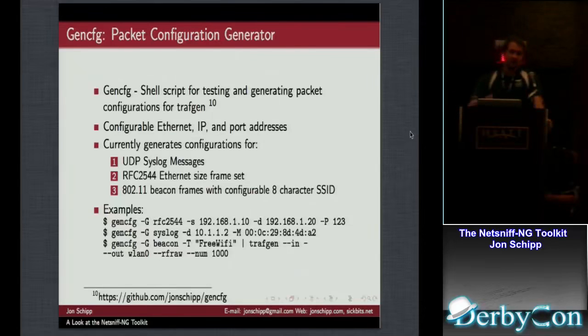I did this for performance metrics, if you ever want to do that. I did the RFC 2544 Ethernet frame size steps. That's the benchmark methodology for Ethernet and a bunch of other network technologies. So if you just run that and specify the IPs that you need to send to the machine you want to test, it generates the entire set of 64, 128, 256, and so on packet sizes that are used for performance tests. So you can just do that.